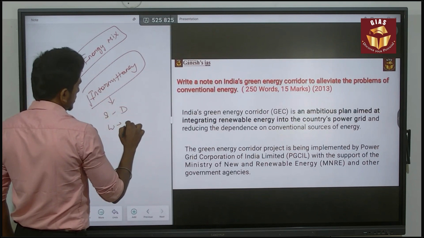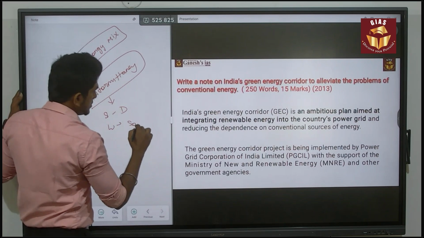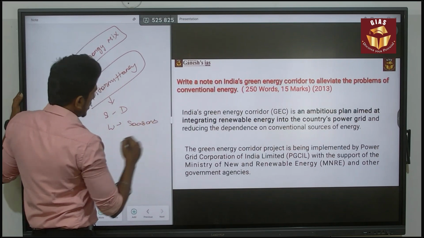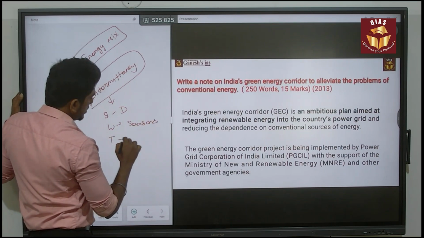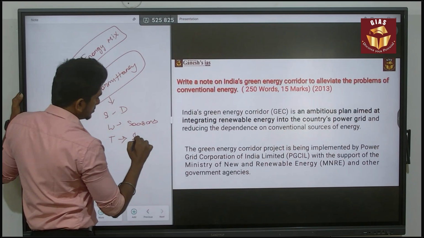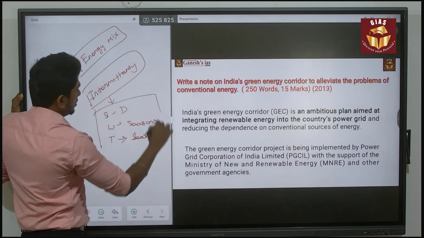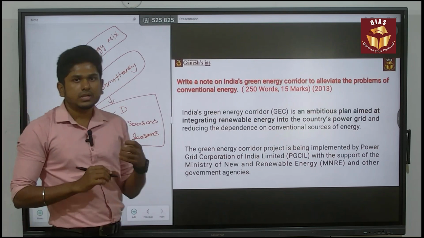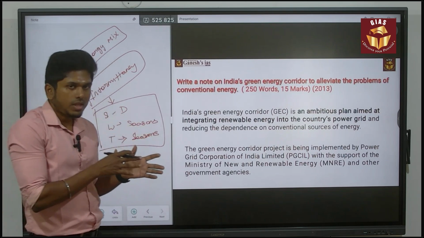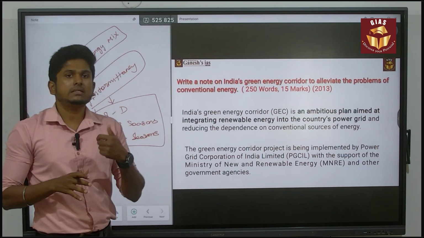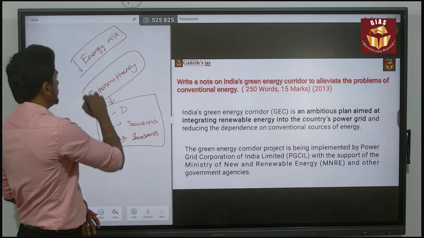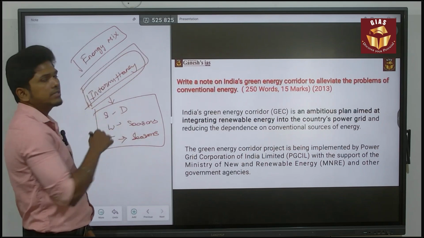Wind energy is available in certain seasons. And tidal energy is also related to the season. So all these renewable energies are not a constant supply of energy. That is the major issue when it comes to intermittency. It is available only at certain time periods.